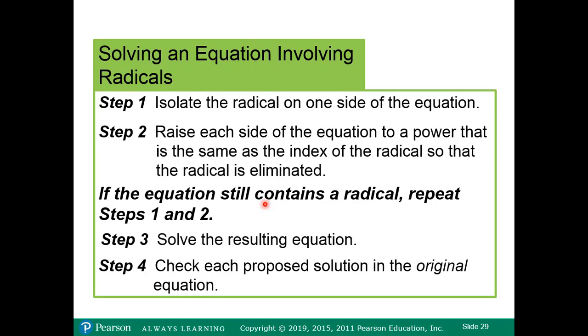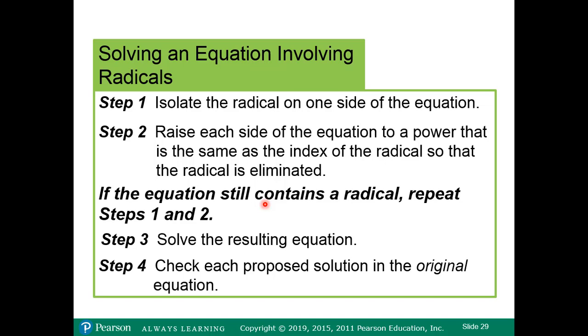Okay, so how do we solve these equations using radicals? One, isolate the radical on one side of the equation. Two, raise each side to the power that is the same as the index of the radical. So if it's a fourth root, we want to raise each side of the equation to a fourth power.